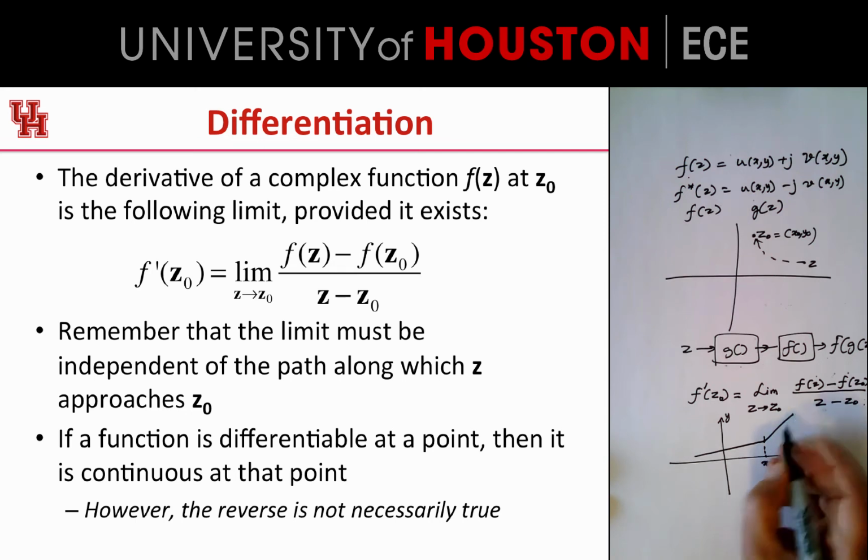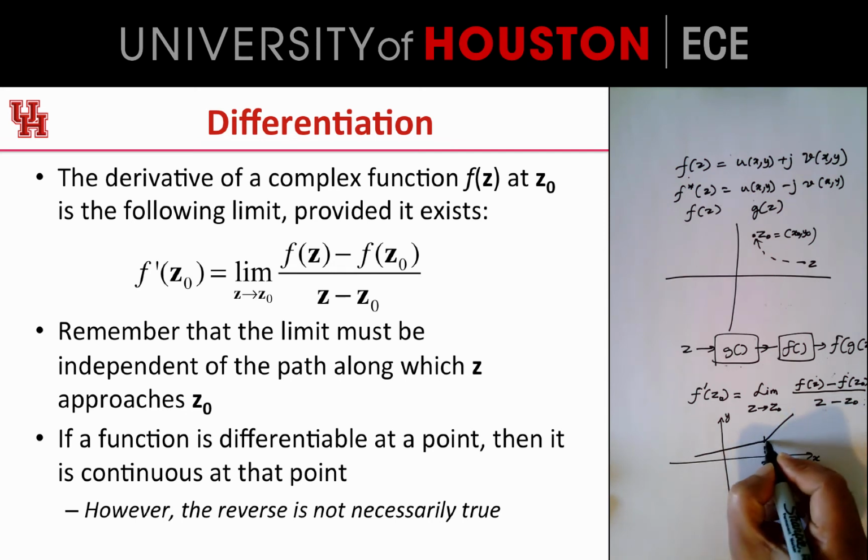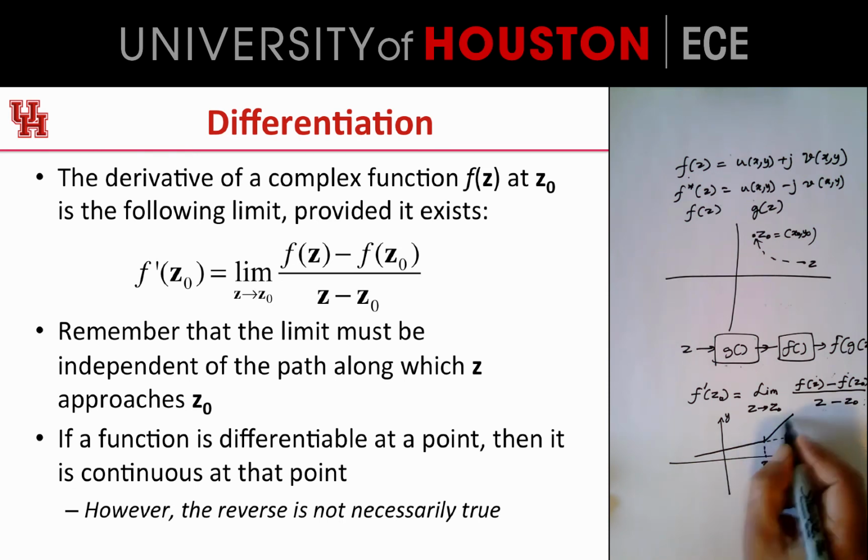But if you approach this way, you get the slope of this line, and if you approach this way, you get the slope of that line. The two slopes are different, so it's not differentiable, but it's continuous. So differentiability implies continuity, but not the other way around.